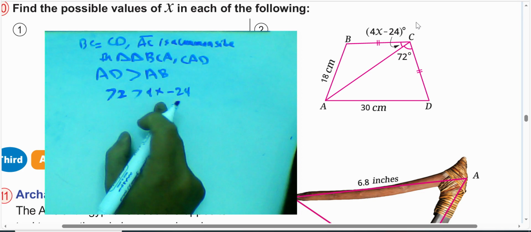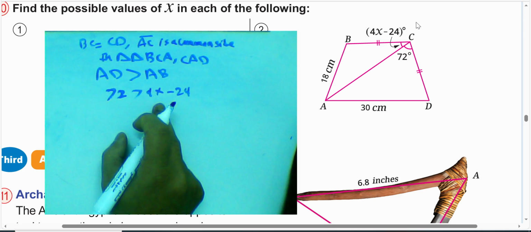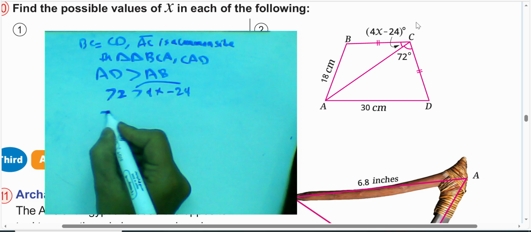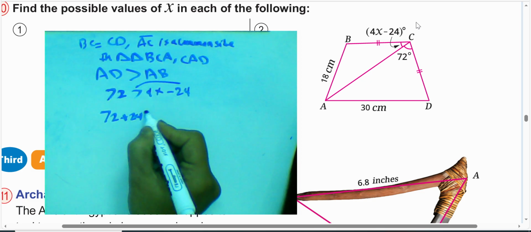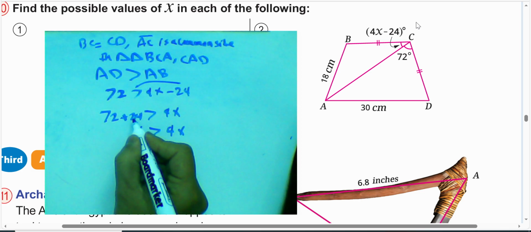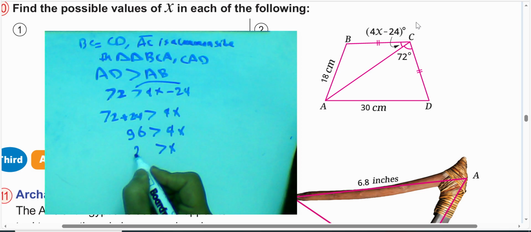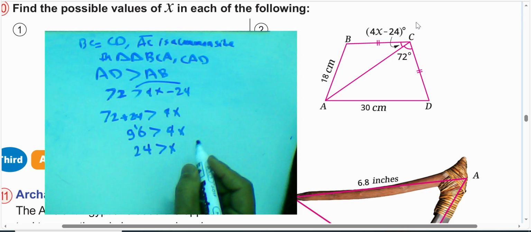Move 24 here, then 72 plus 24 is greater than 4x. 72 plus 24 is 96, divided by 4 equals 24.